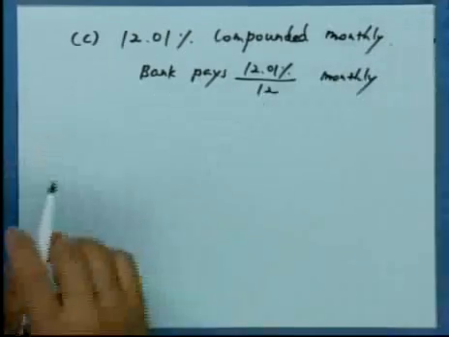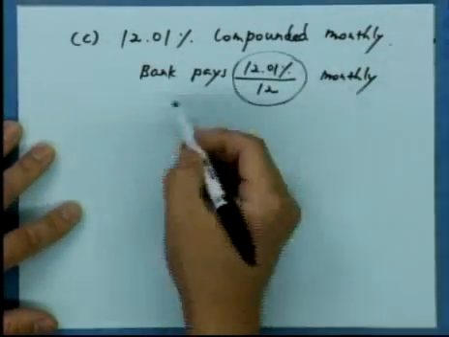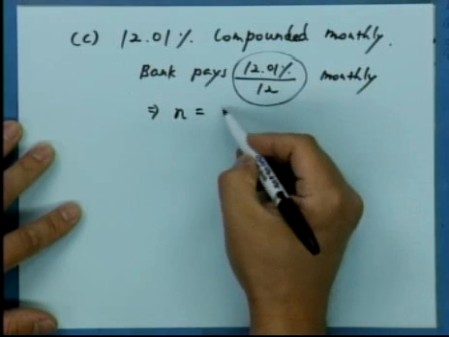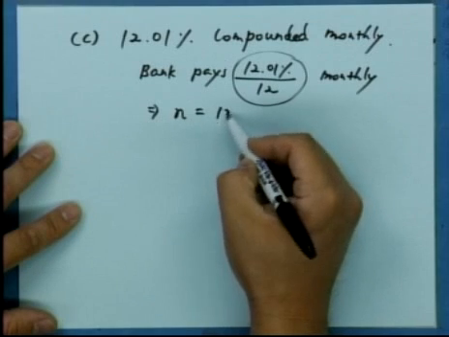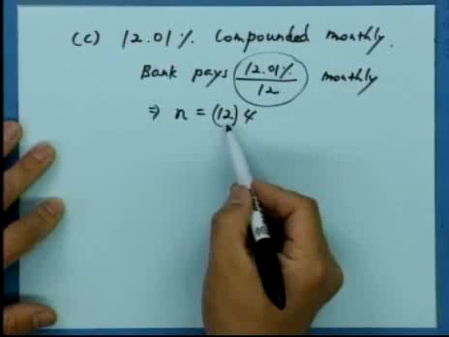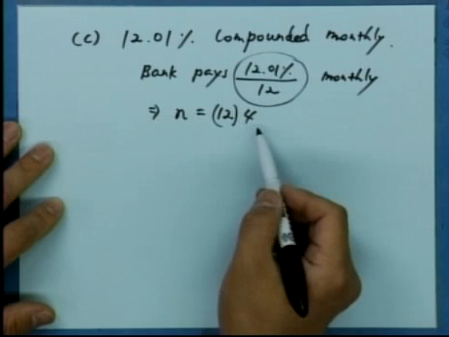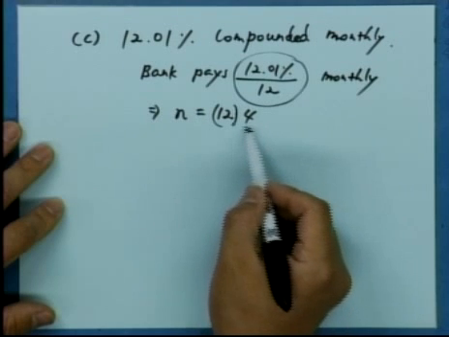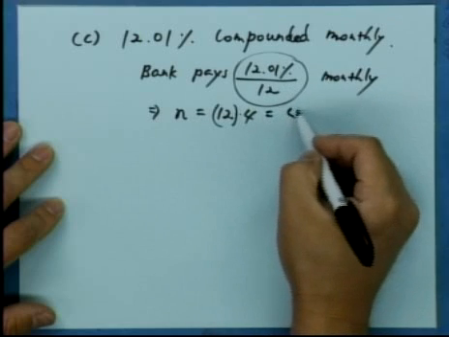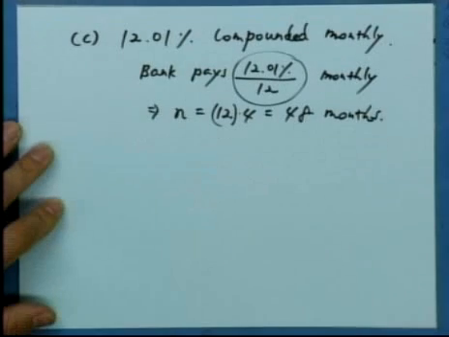Okay, the bank pays this interest rate monthly. In that case, the compounded periods would be 12 times 4, right? There are 12 months in a year, and the total period we are considering is 4 years. So you need to multiply these two numbers. This becomes 48 months. Okay?